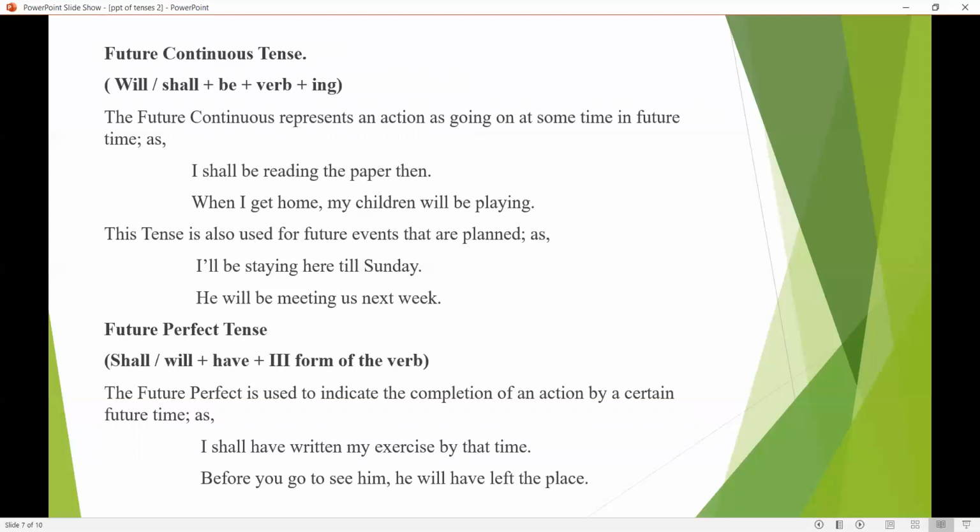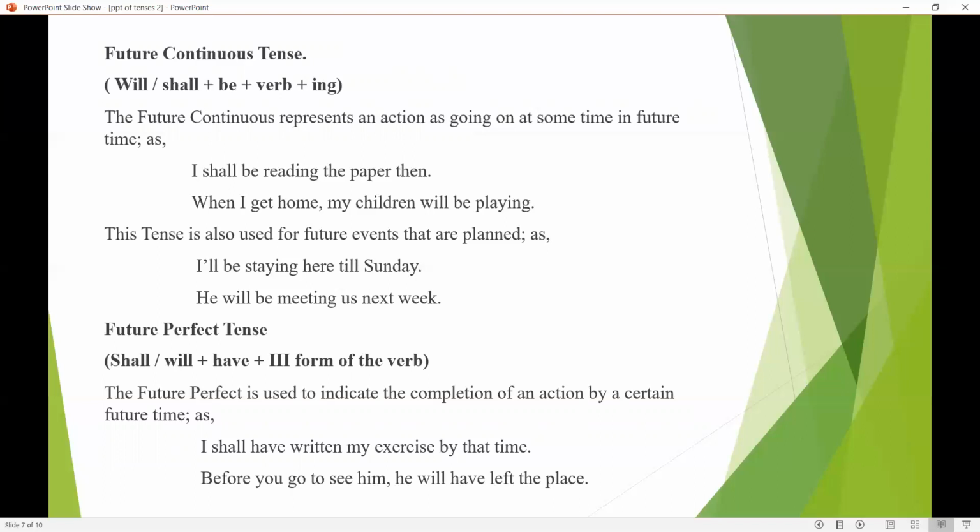Now the next subheading is future perfect tense, and the structure comprises of shall or will plus have plus third form of the verb. Now the future perfect tense is used to express an action which is expected to be completed by a certain time in the future.